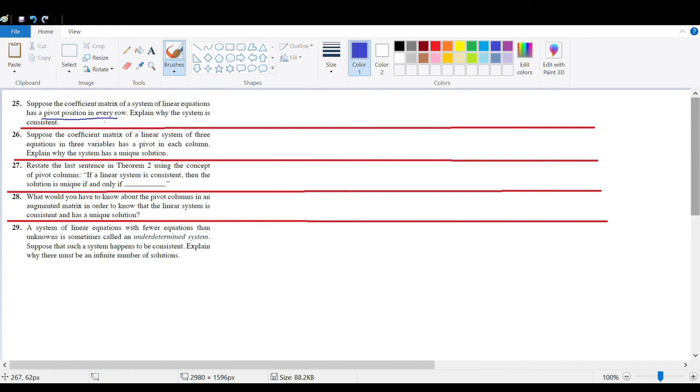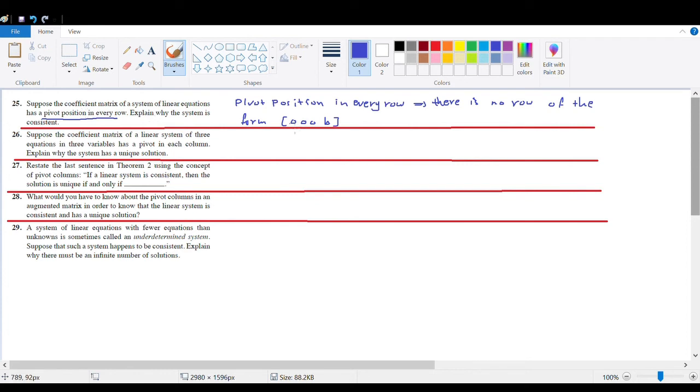If we have a pivot position in every row, that means there is no row of the form 0, 0, 0, B, for example, because it has a pivot position in the coefficient matrix here.